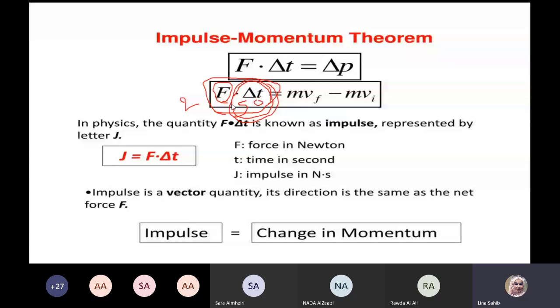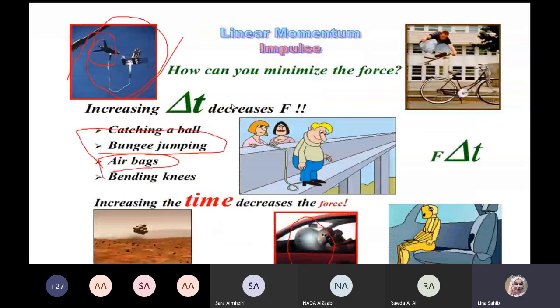In this case also, if we use the parachute, as you see here from the last left image downward, the parachutist also uses a parachute, which increases the time and reduces the force to avoid breaking his leg when he touches the ground.